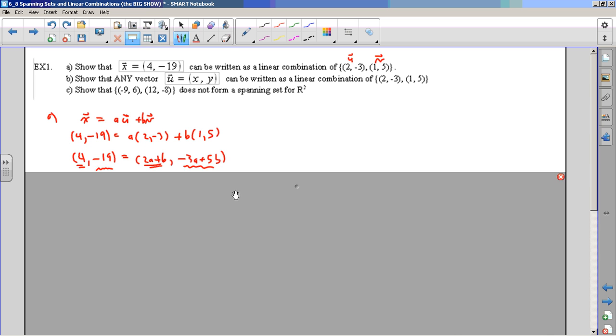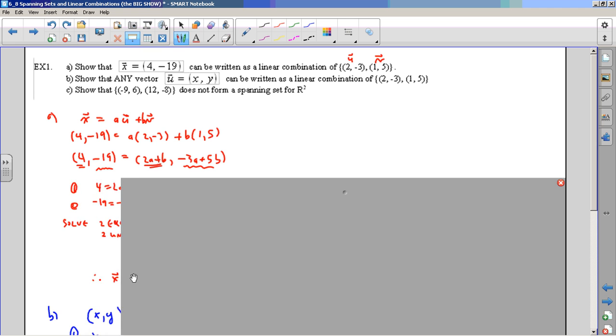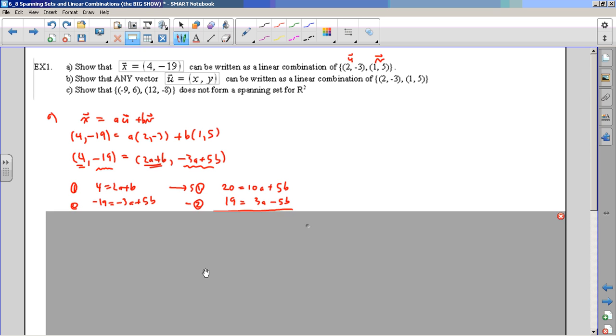And that gives me, when I do some algebra, scalar multiple, and then combine those two, 2a plus b is the x coordinate, and then negative 3a plus 5b is the y coordinate. And if these two vectors are equal, then their x coordinates have to be equal and their y coordinates have to be equal.